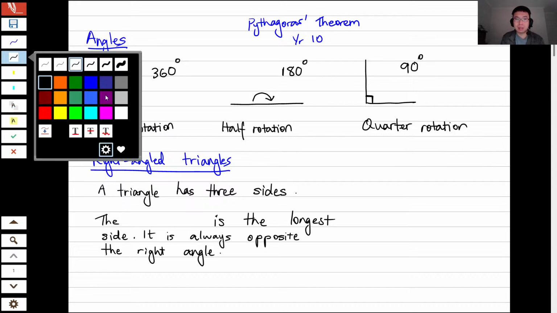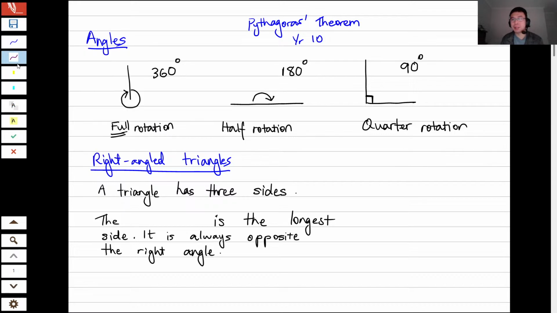And the number 90 is special because it makes our calculations a lot easier, as you will see in a moment. And we give this a name. A right angle refers to 90 degrees.